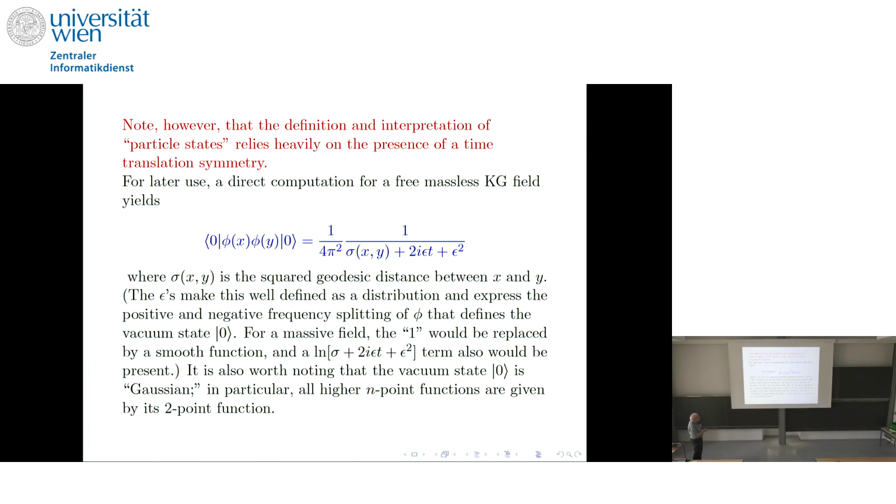This is true globally in flat spacetime, but the important thing to notice is that as X and Y approach each other, this blows up as 1 over the squared geodesic distance between X and Y. Well, 1 over the squared geodesic distance is not a distribution.